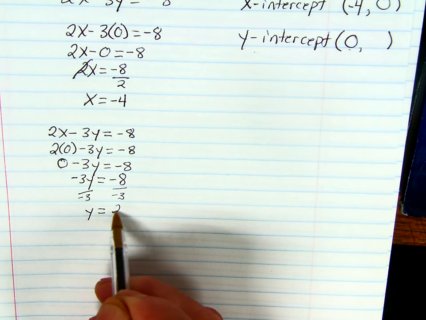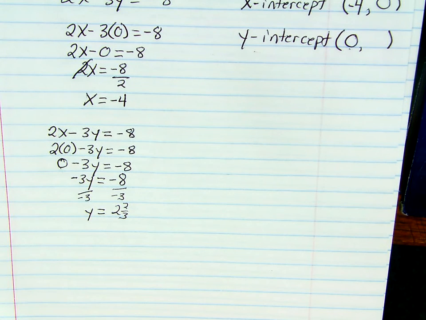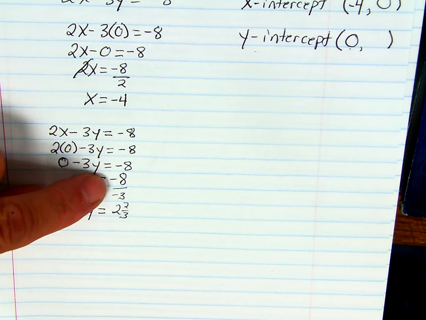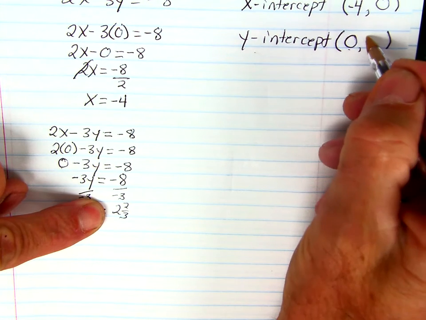Y equals 2 2/3. A negative divided by a negative is a positive. 2 2/3.